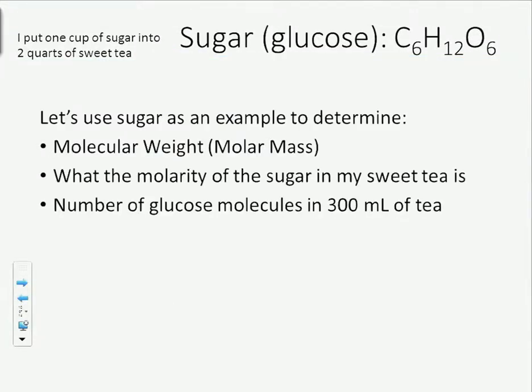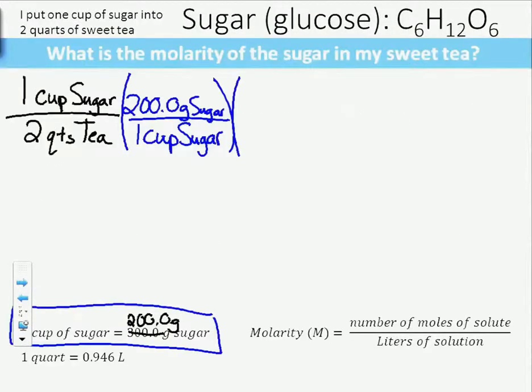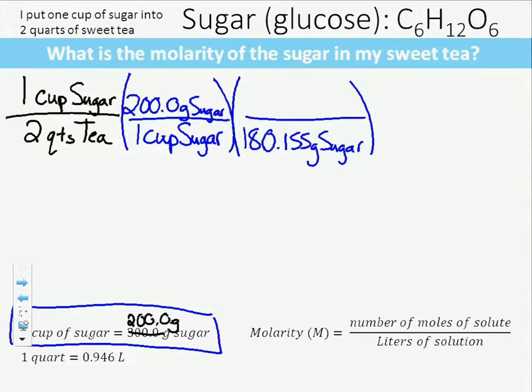So if we look back on our previous page, 180.155 grams of sugar for every 1 mole of sugar. So let's look at our units, how we're doing so far. We've got 1 cup on top, canceling with 1 cup on bottom, grams on bottom canceling with grams on top. We're left with moles on top, which is what we want.